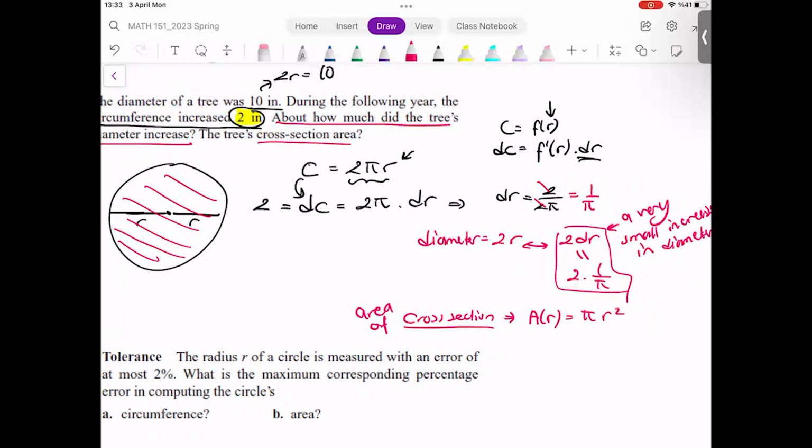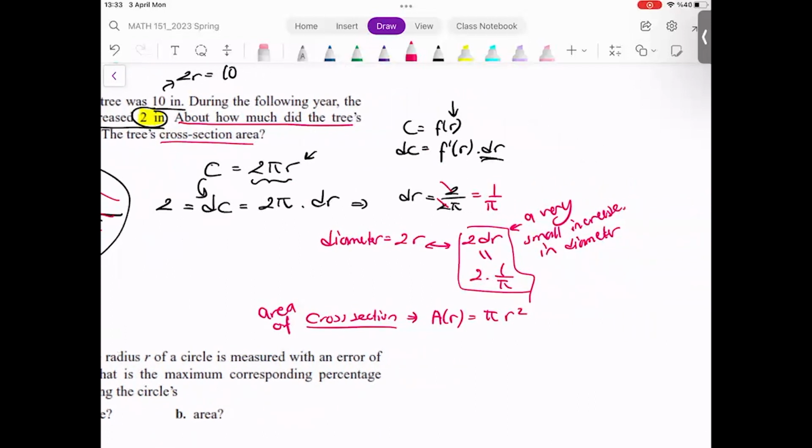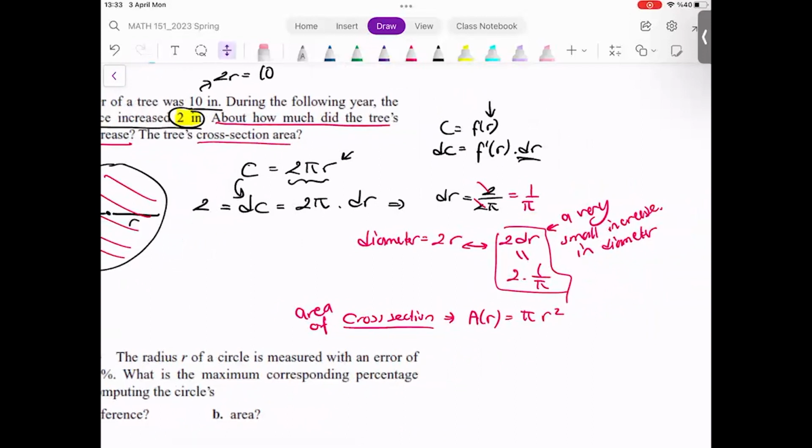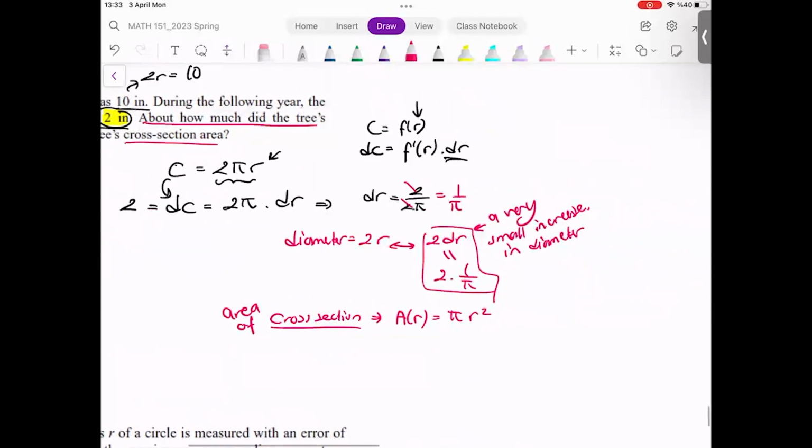It is pi r squared, right? We are interested in the very small increase in this cross-sectional area, so I need to compute dA, just like we did for the diameter, where we computed 2dr. From A to dA, we can easily move by taking the derivative of this function with respect to r. So dA is 2 pi r times dr, of course.